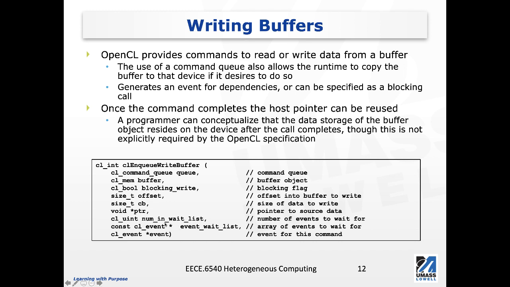The next three arguments are common for many other enqueue-type APIs, where these specify the number of events to wait for along with the list of events, and finally what event will be generated once this command finishes.